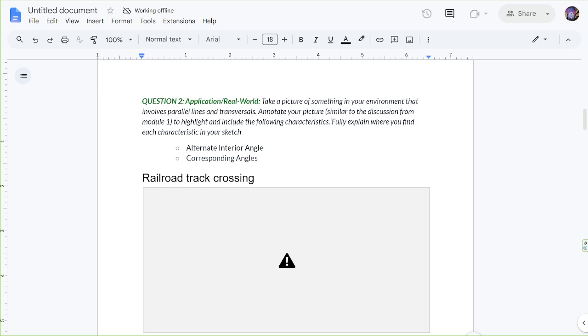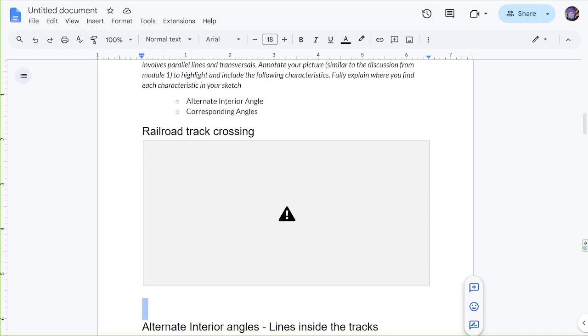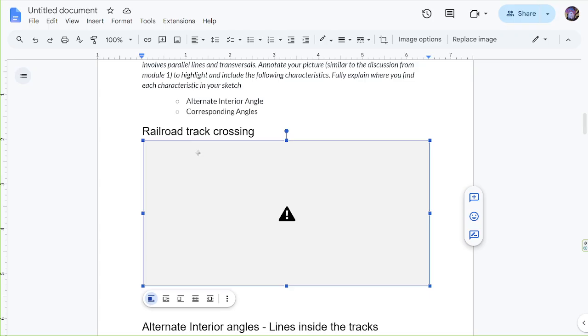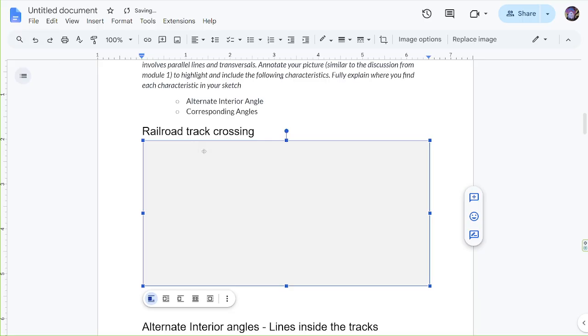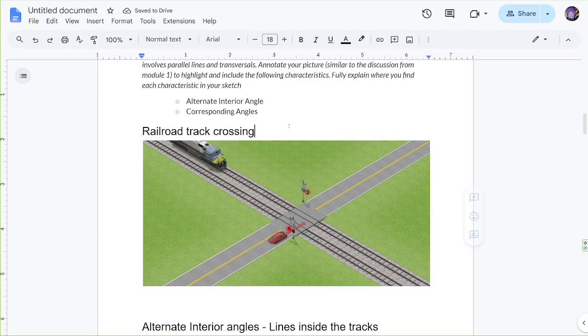Annotate your picture similar to the discussion for Module 1 to highlight and include the following characteristics. Fully explain where you find each characteristic in your sketch. Alternate interior angles and corresponding angles. I chose a picture of a railroad track crossing, which for some reason is okay. There we go.